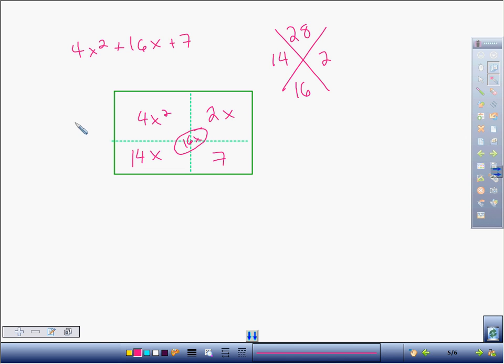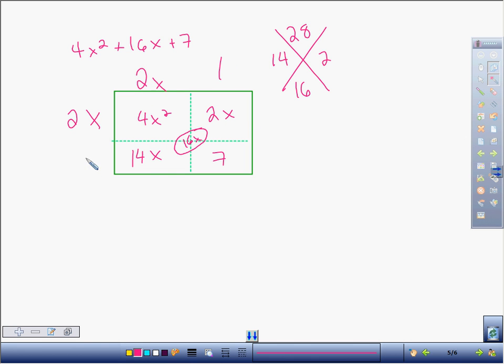What's the GCF in this row? 2x, good. What's the GCF in this column? What comes out above 14 and 4? 2x. And then you say, what do I need to multiply 2 by to make it 2x? 2x times what will give you this 2x? 1, okay?